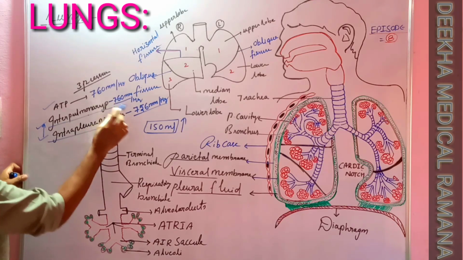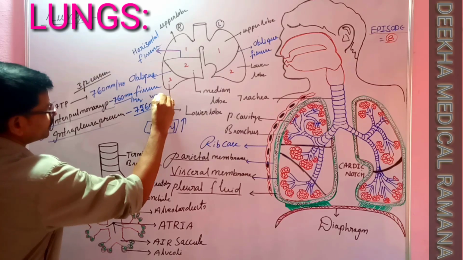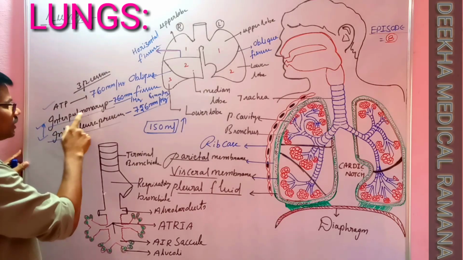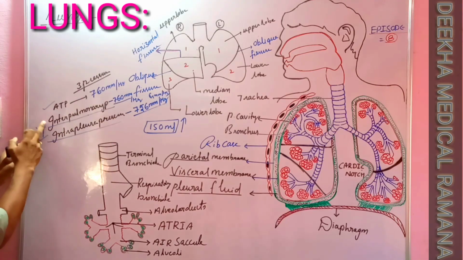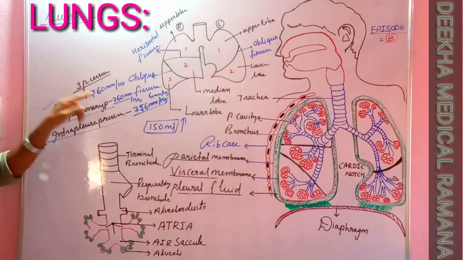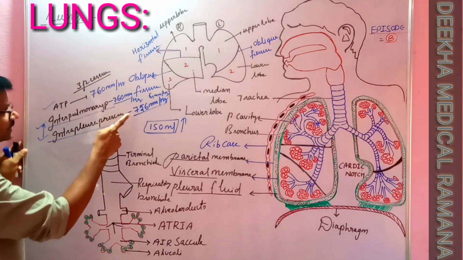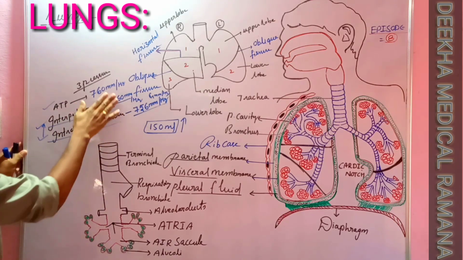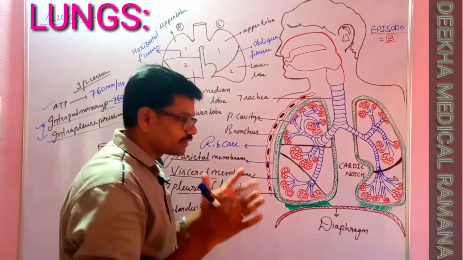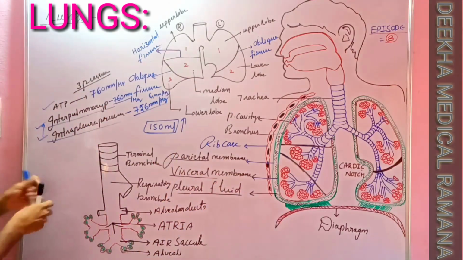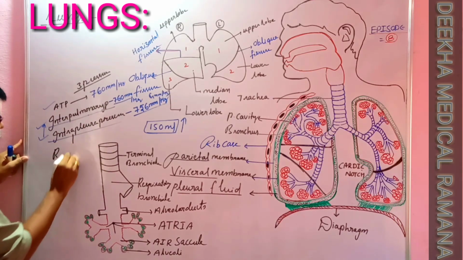That means a difference of 4 mm of Hg must be there, the intrapleural pressure being 4 mm of Hg less than the interpulmonary pressure. For example, if the interpulmonary pressure is 750, the intrapleural pressure must be 746. Like that, a 4 mm of Hg difference must be there. Only then can the lungs expand. Due to the presence of this intrapleural pressure, some amount of air will always remain in the lungs.